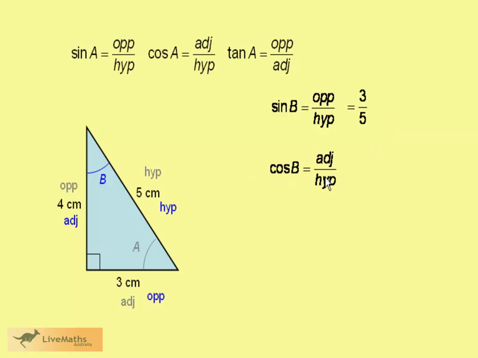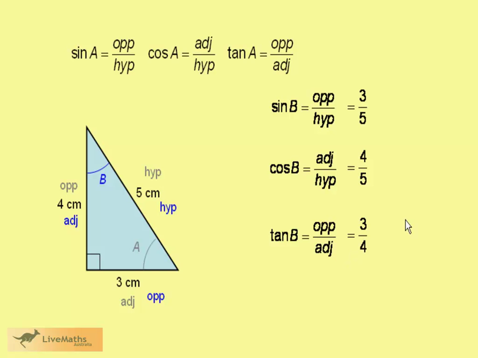Cos B is the adjacent over the hypotenuse. The adjacent for B is 4, and the hypotenuse is 5, so cos B is 4/5. Tan B is the opposite over the adjacent. For B, the opposite is 3, and the adjacent is 4, so tan B is 3/4.